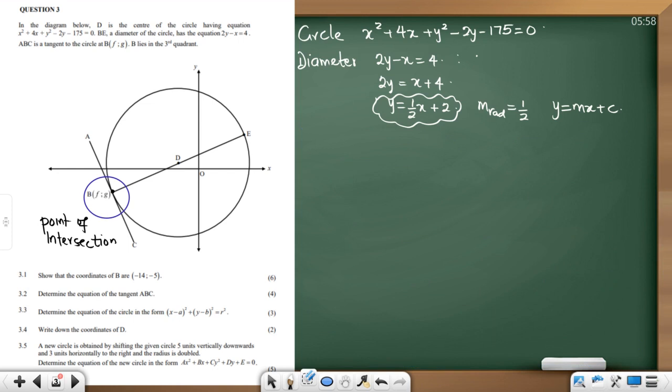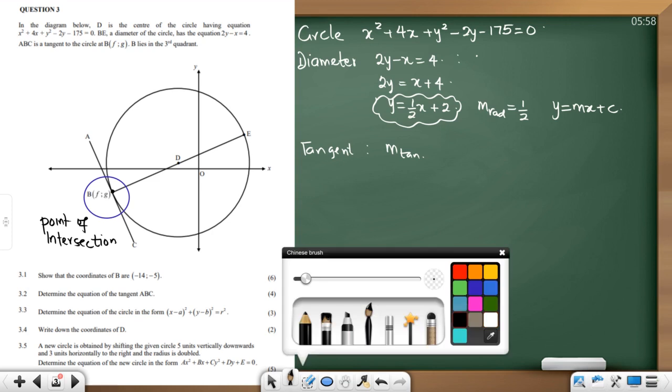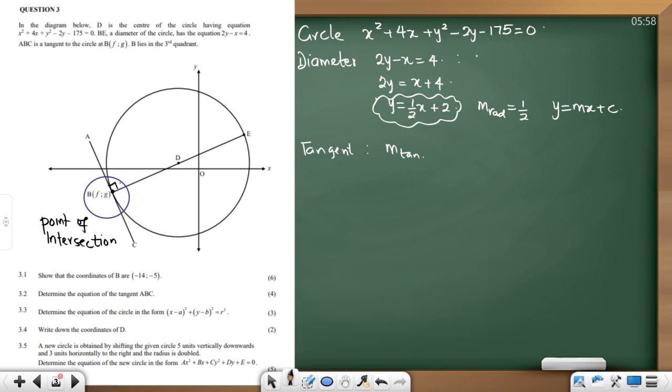Determine the equation of the tangent quickly. This is one thing you will always do when it comes to analytical geometry. For you to get the equation of the tangent, one thing is important. You need the gradient of the tangent. And don't forget that your tangent and radius are perpendicular from our Euclidean geometry.